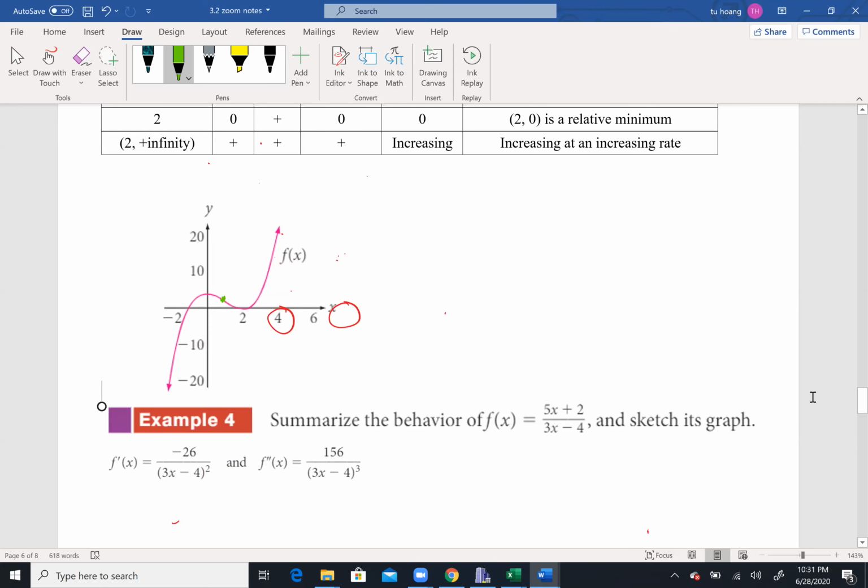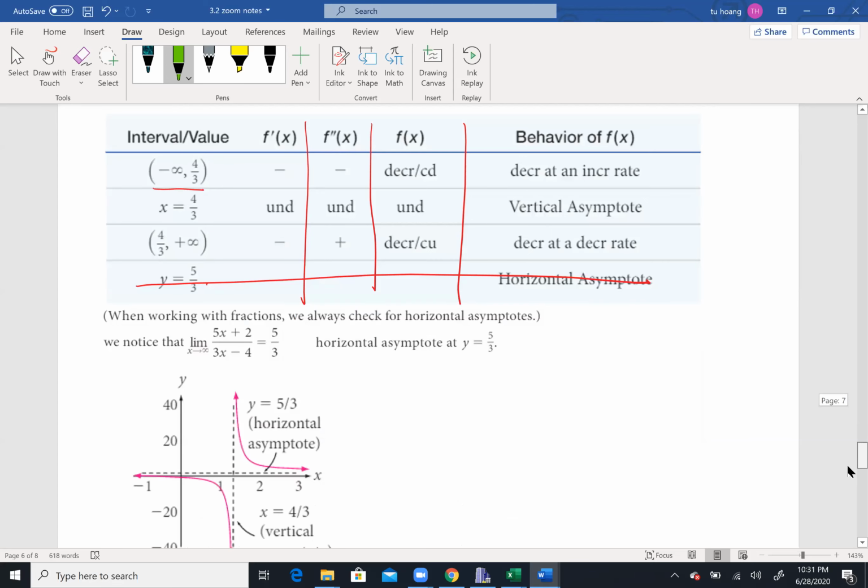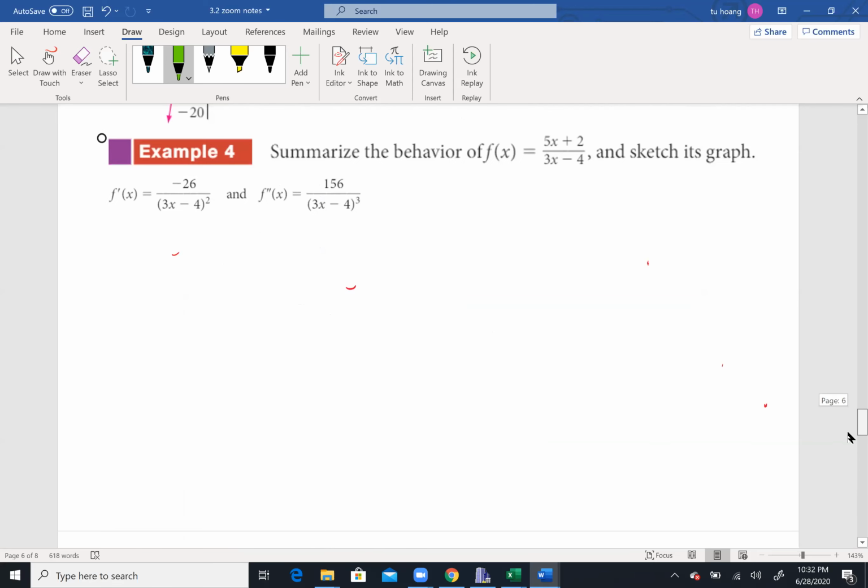Let's see. I will do this example 4, but I think that most of you understand already. If you still do not understand, you can go ahead and do the assignment.